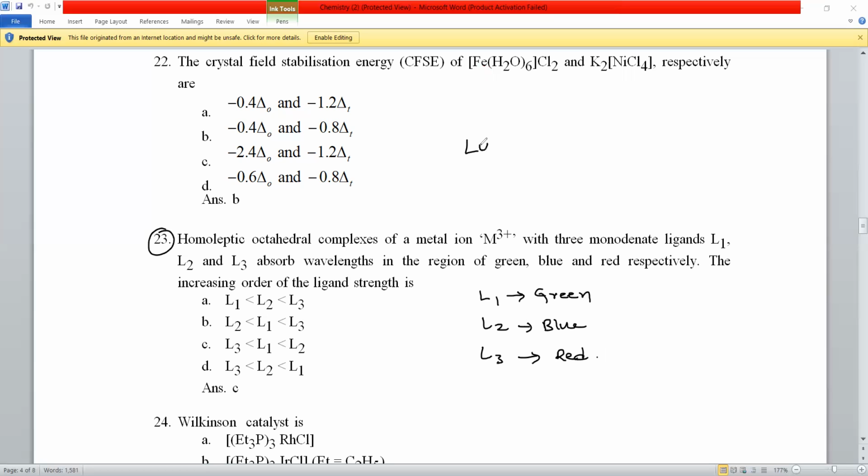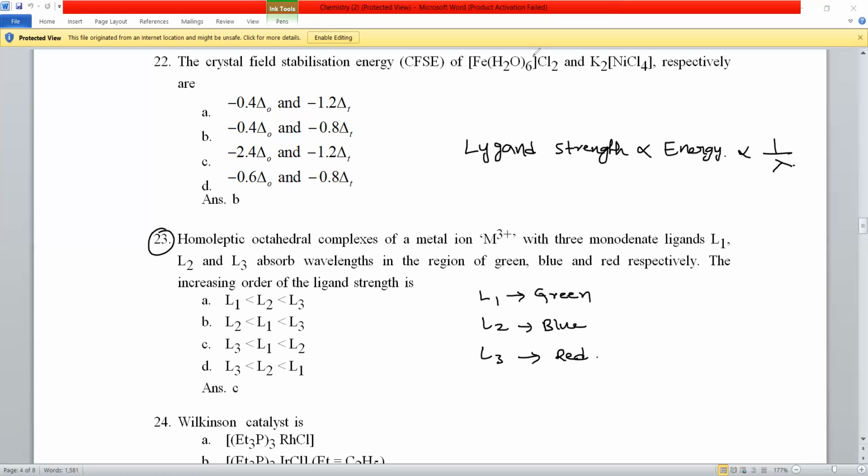Since we know very well here, ligand strength is directly proportional to the energy, right? Energy is inversely proportional to the wavelength.